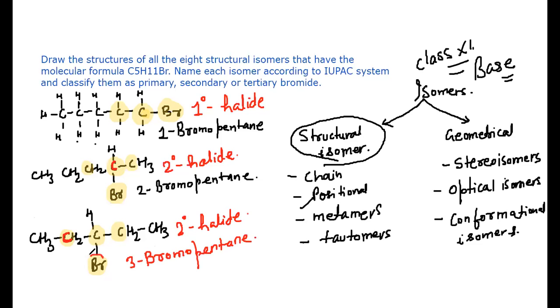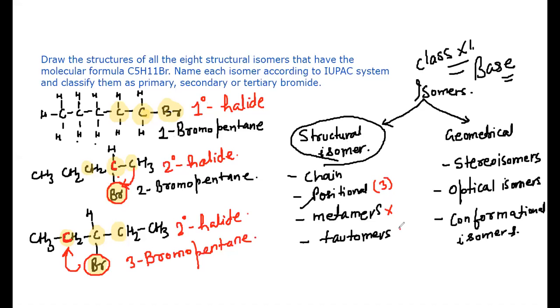Writing this bromine on this carbon atom will only create a case like this. It is no different. It will be the same molecule, only a mirror image of this molecule. So we can only have 3 positional isomers.